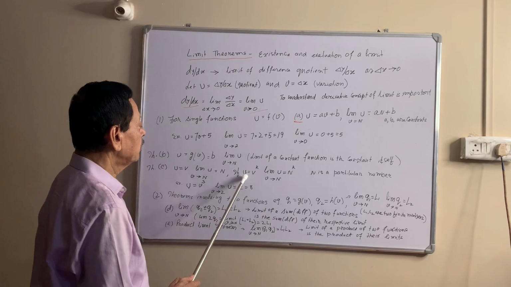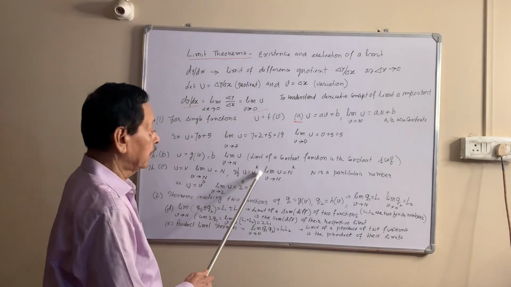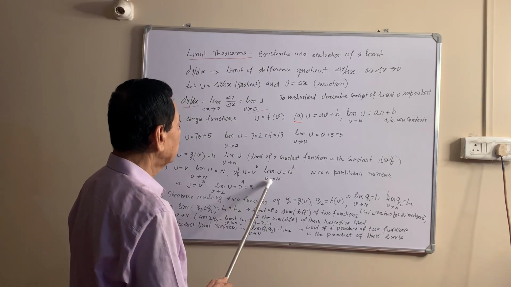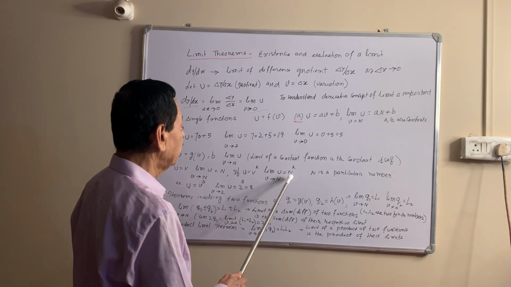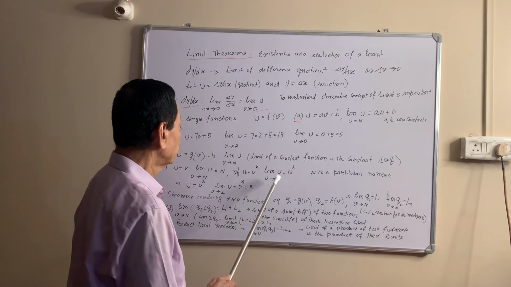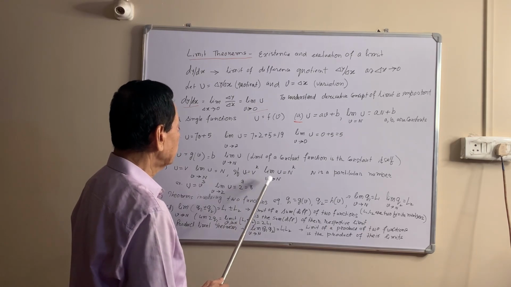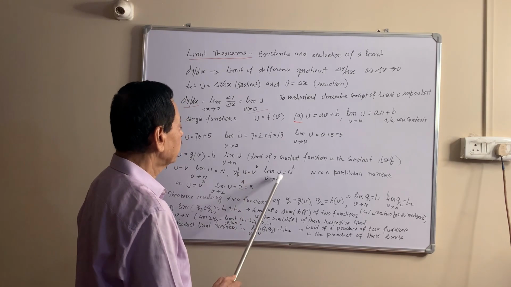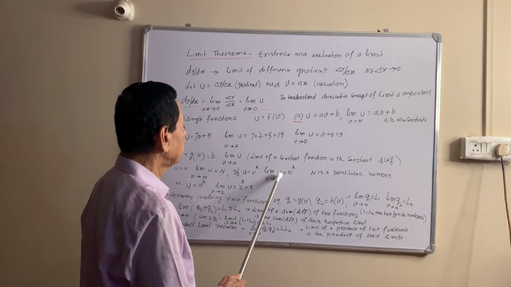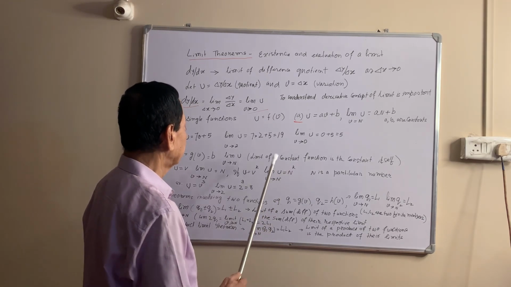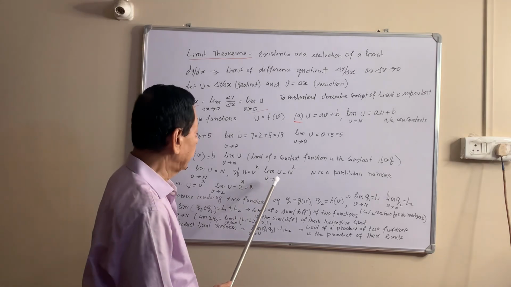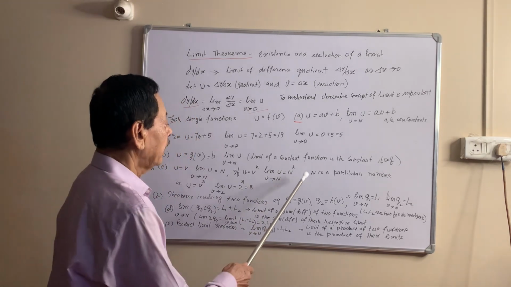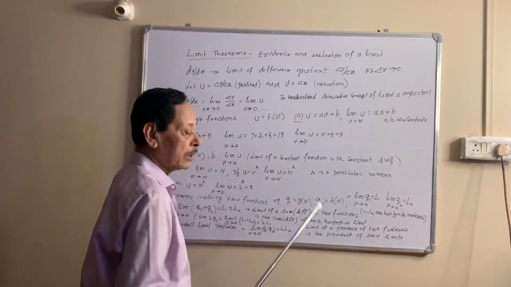If u equals v to the power k, then the limit of u as v tends to n is n to the power k. Instead of v to the power k, it will be n to the power k, where n is a particular number.